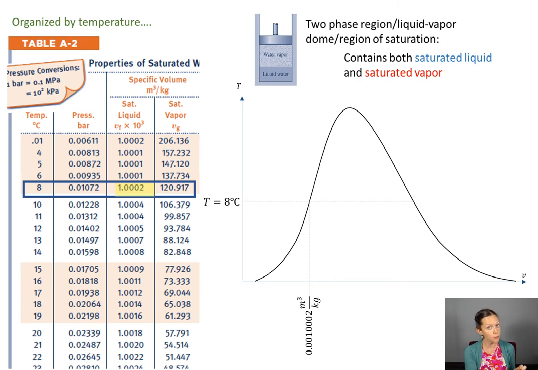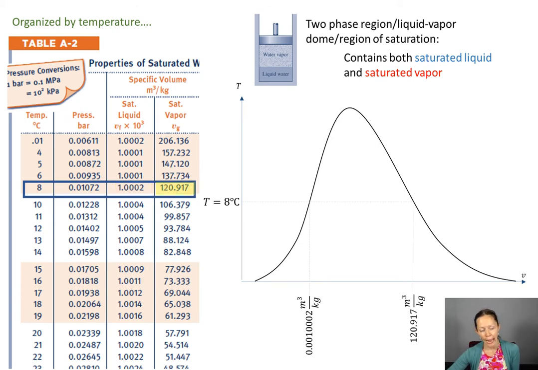It's associated with the saturated liquid, so it's going to be right on that saturated liquid line. And the other thing to notice is that because those are really, really small values, the numbers that are tabulated are multiplied, it's times 10 to the third. So the actual value, instead of being 1.0002, it's 0.0010002 meters cubed per kilogram.